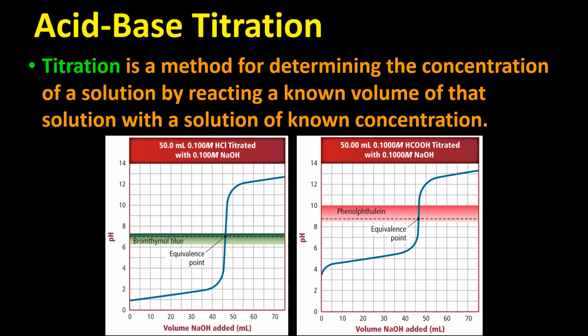So when we get that steady pink color, we can tell we've added enough NaOH to react with, in this plot, the formic acid, HCOOH. And when those have completely reacted with one another, we've got to this equivalence point, and we'll have a steady pink color that occurs at that point.